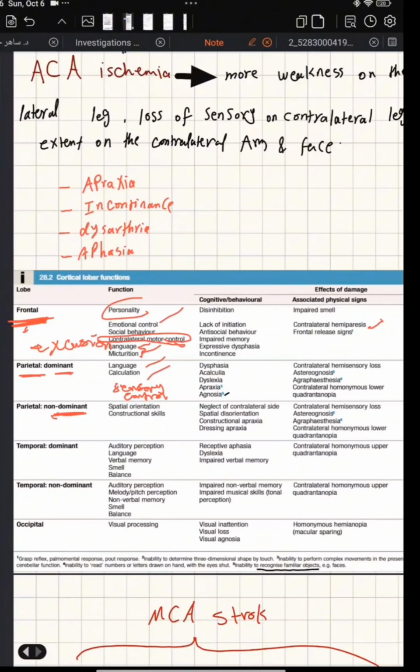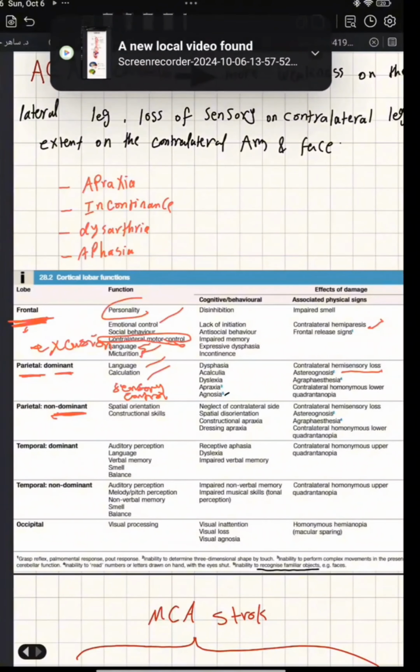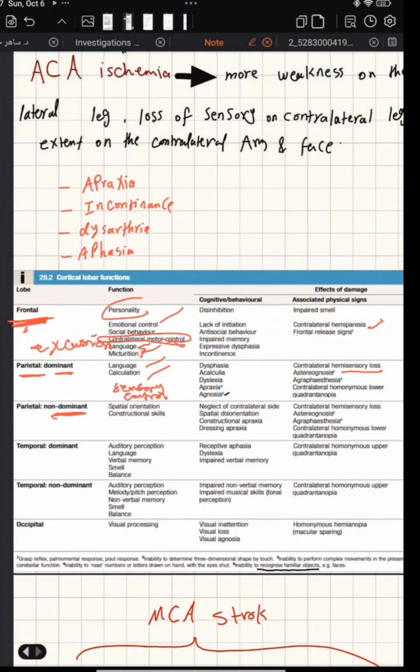If it was the lateral surface of the parietal lobe, this is responsible for the sensory of the face and upper extremities. Okay. So any problem within the parietal lobe will result in contralateral hemisensory loss, meaning loss of the ability to sense the leg or the face or the arms.